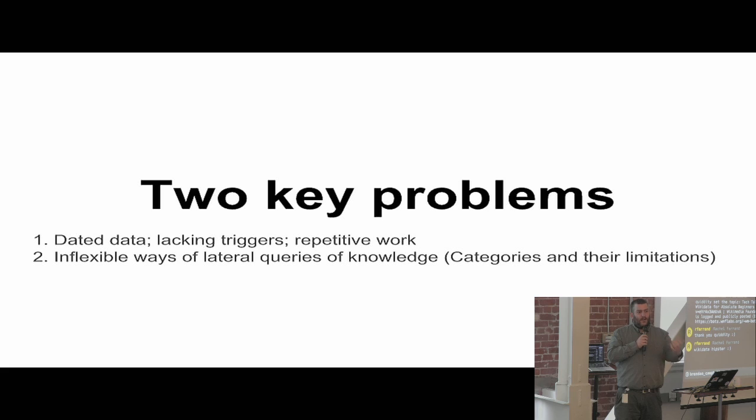Now, the census in Argentina will be made available in Argentina, in Spanish probably, which brings us to another component of the problem of dated data, which is there are no obvious triggers for updating the data. So the Polish Wikipedian is not sent an email by the Argentinian government saying, hey, we have a new census.